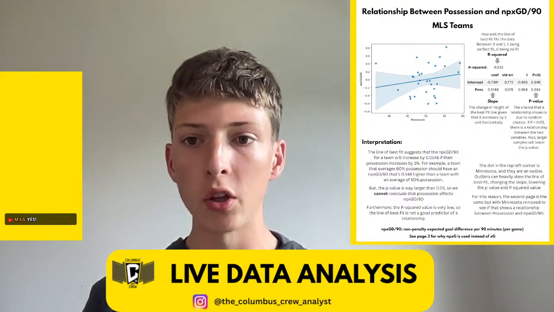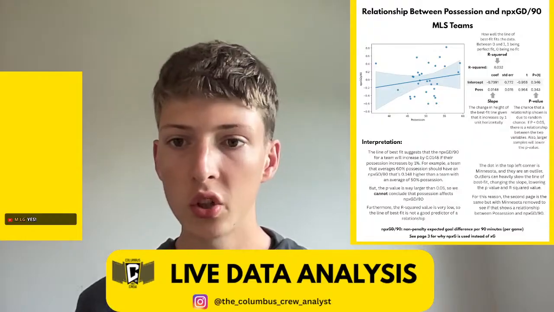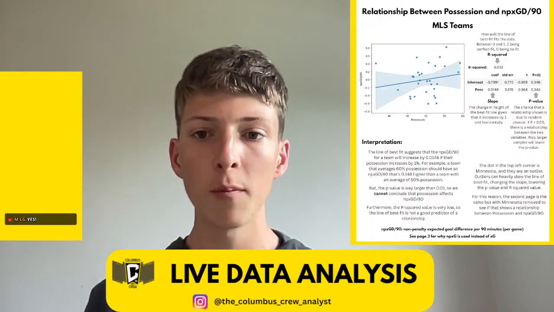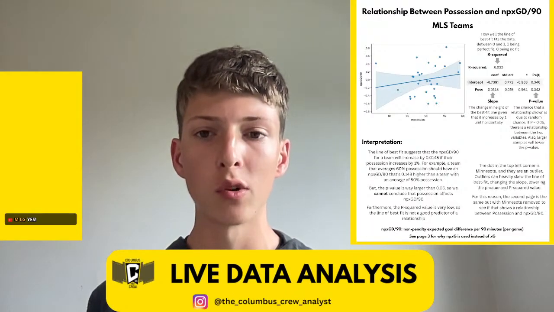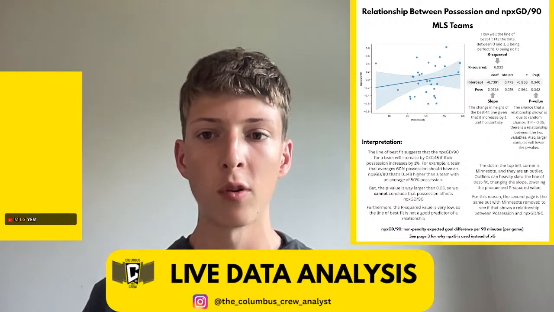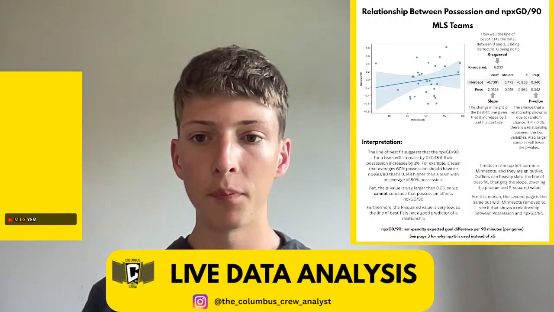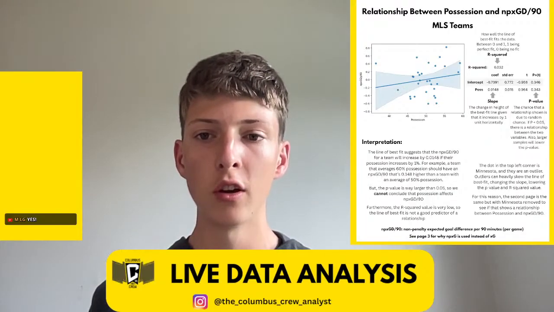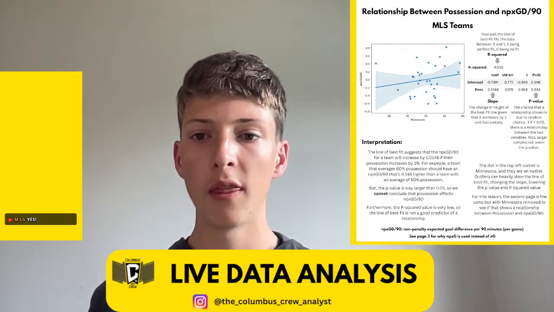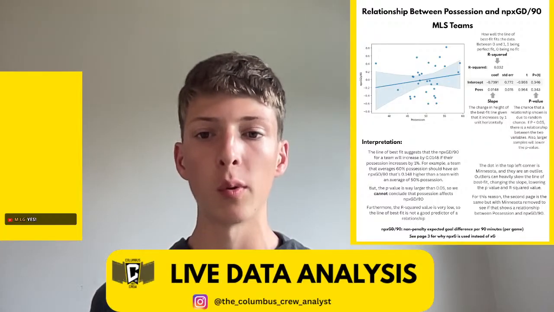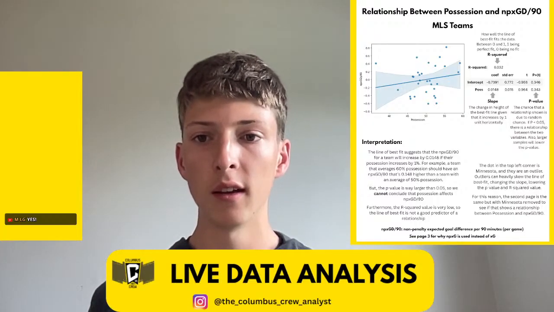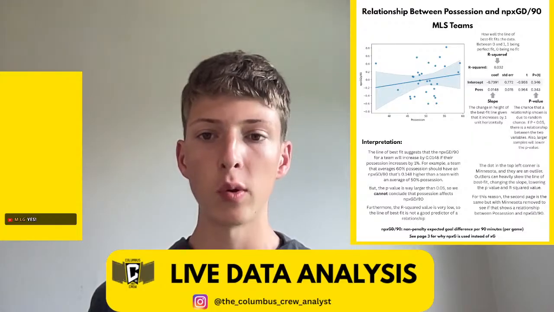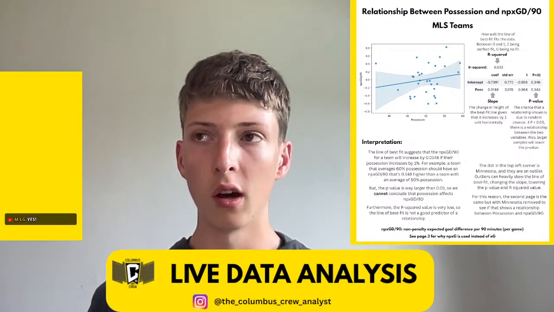You have the p-value on the bottom right, which is the chance that the relationship is due to random chance. So if there were no relationship, it's the chance that this graph would happen. And if the p-value is below 0.05, or 5%, then you can assume that there is a relationship between the two variables.